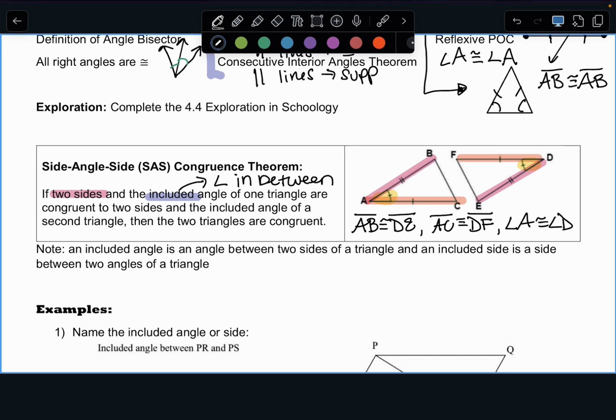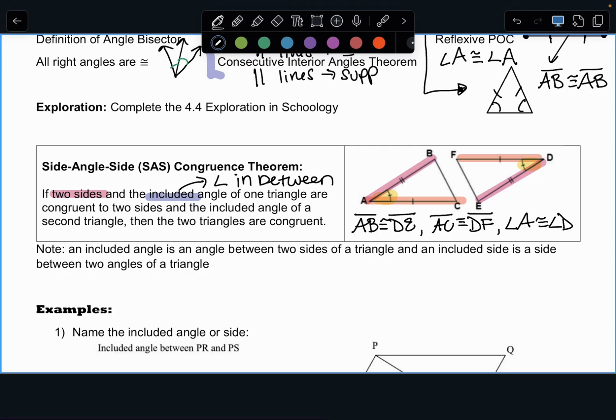What you should notice is that you should be able to trace your finger from one side all the way to the next without having any gaps, meaning we can go from side, angle, side with nothing in between. That has to be the case. It has to be directly side angle side.